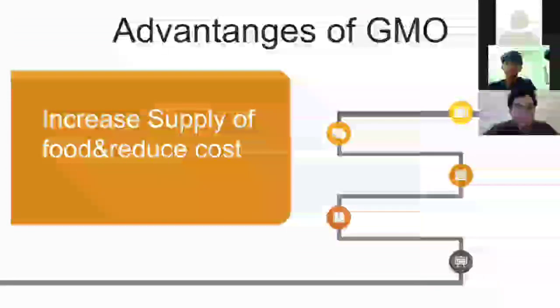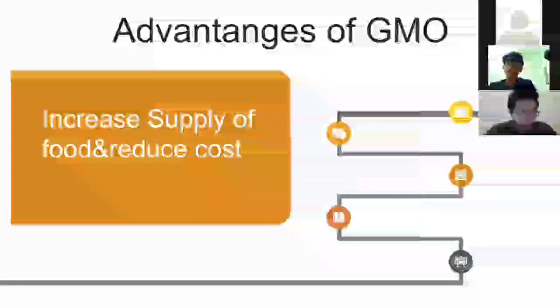Next is reduced cost. The food that has gone through GMO will be stronger, so it can be drought resistant and requires fewer environmental resources.